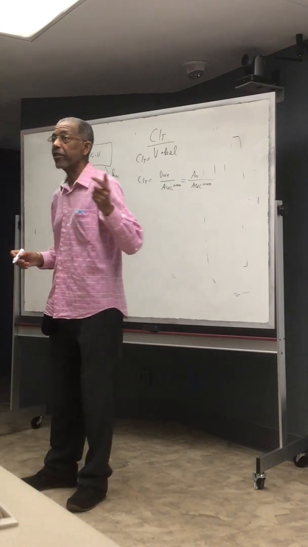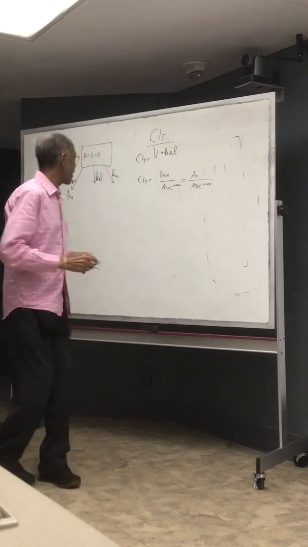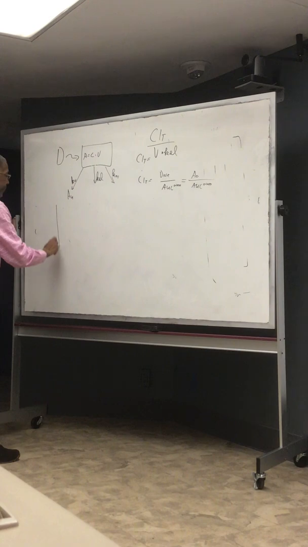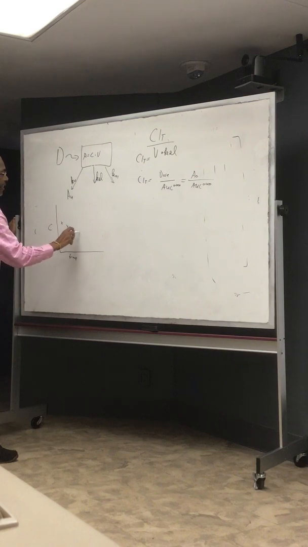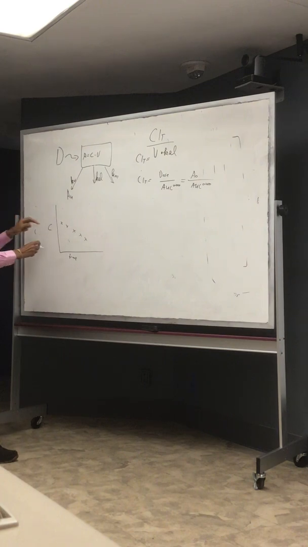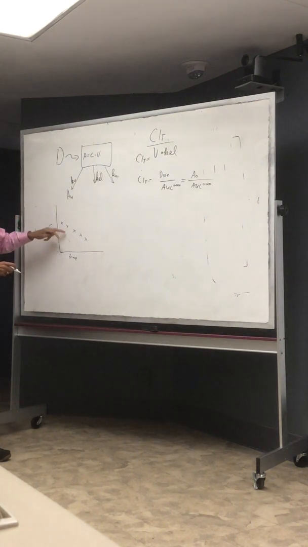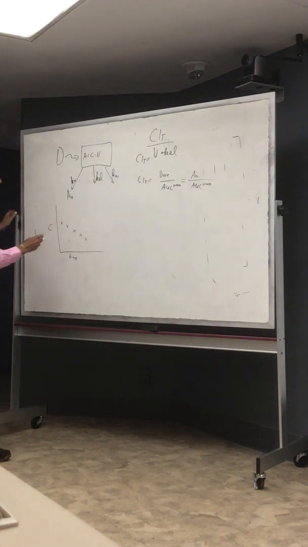The area under the curve from 0 to infinity, if we're looking at concentration versus time, is actually the area under this curve from 0 to infinity. So the area under the curve, not on top of those points, but all of this area beneath.